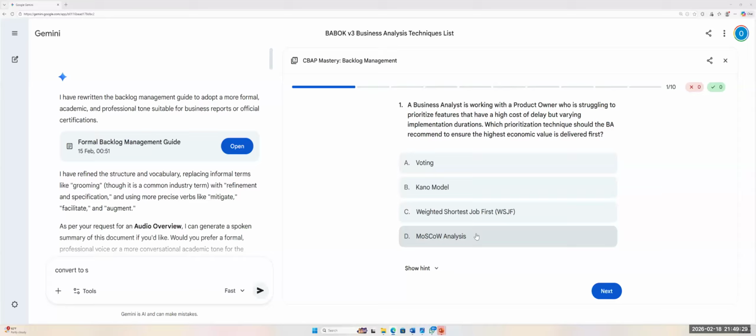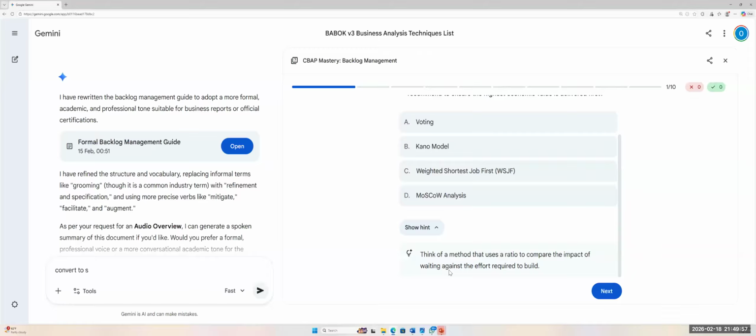Anybody? Or we are not sure? Want me to read the question again? A business analyst is working with a product owner who is struggling to prioritize features that have highest cost of delay but varying implementation durations. Which prioritization technique should the BA recommend to ensure the highest economic value is delivered first?